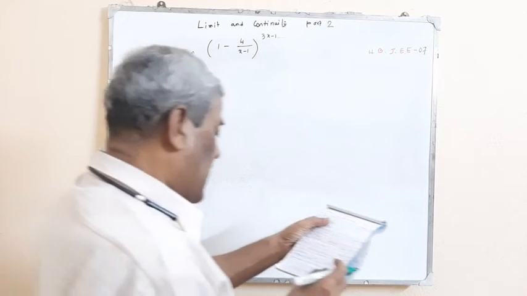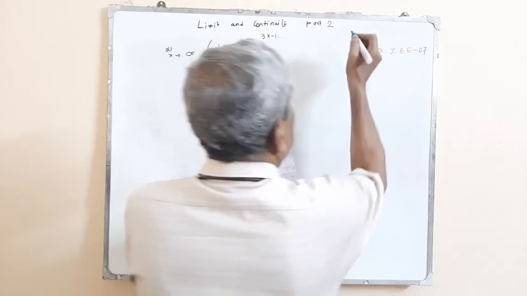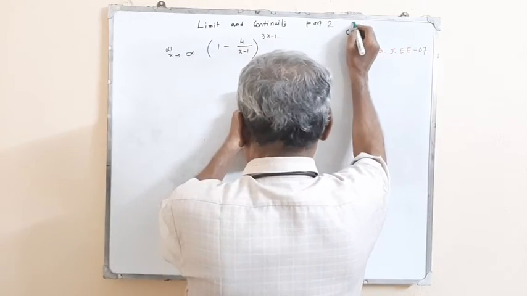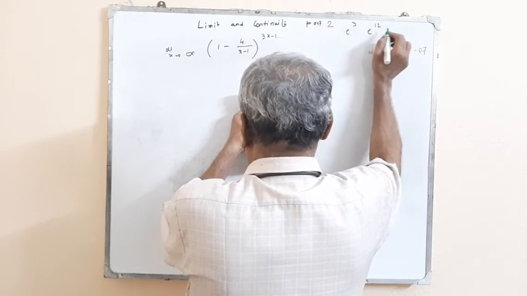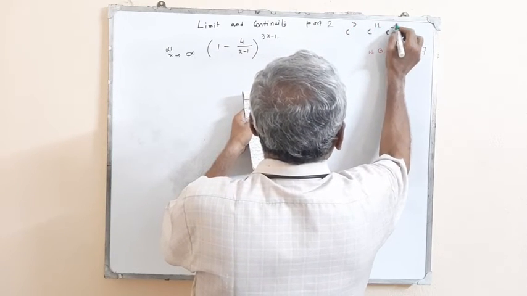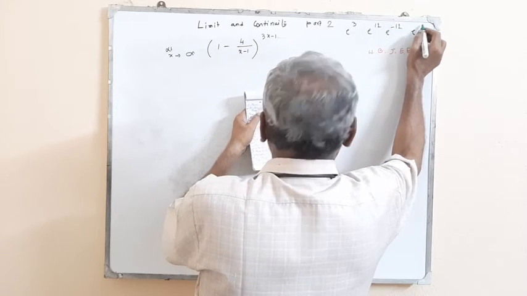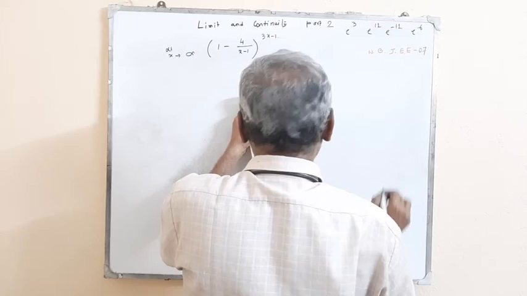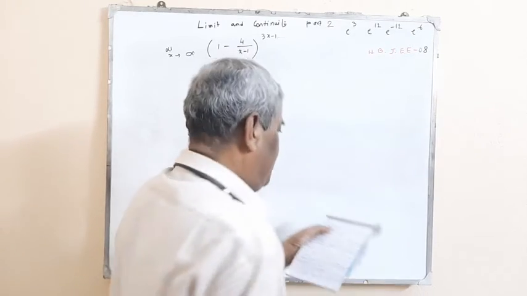And the options are e to the power 3, e to the power 12, e to the power minus 12, and e to the power 6. And that problem was given in the year shown.